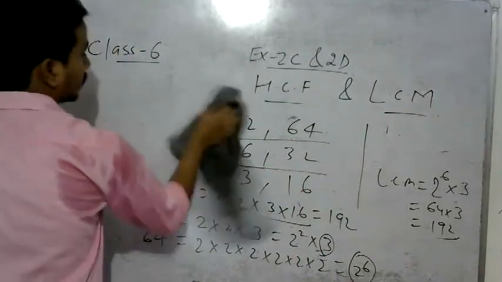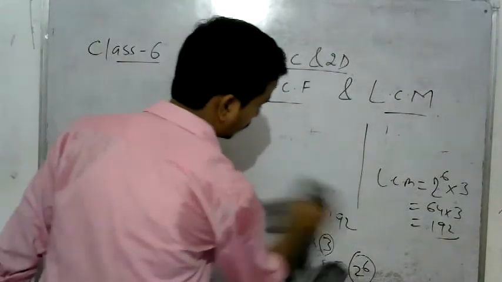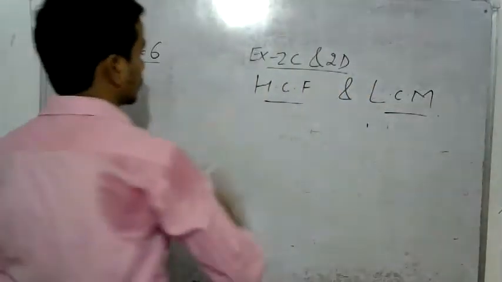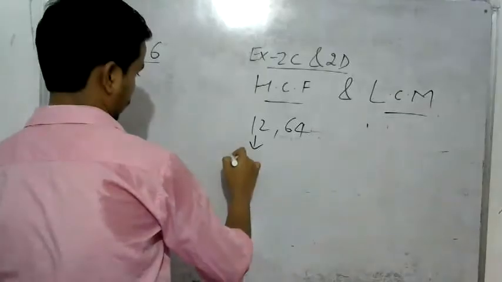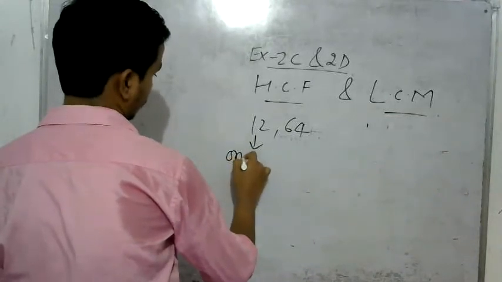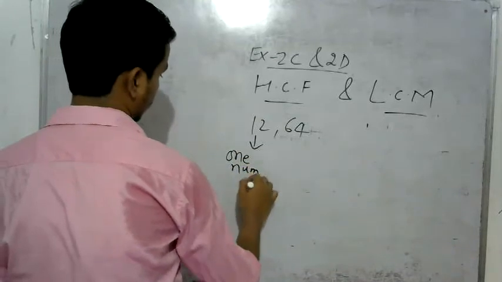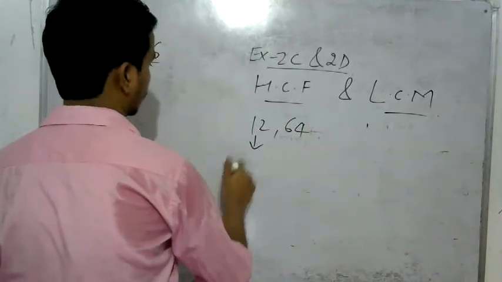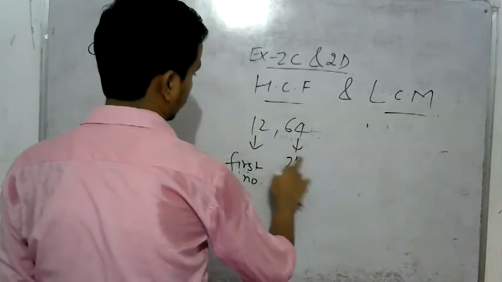Now, there is a formula. Suppose you have two numbers, 12 and 64. This is your first number, and this is your second number.